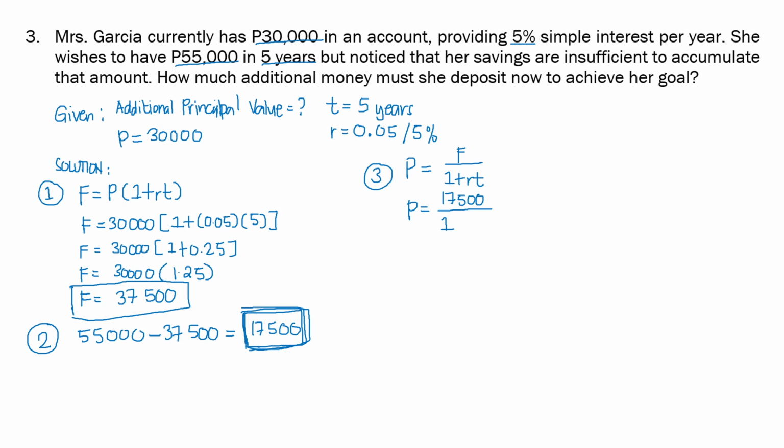Kung atong gustong madugang nga amount after 5 years, ang pangutana pila man ka amount ang kinahanglan natong i-deposit. So atong rate is the same ra gihapon, 5% or 0.05 times T, 5 years. So just copy. So 0.05 times 5 is equals to 0.25.